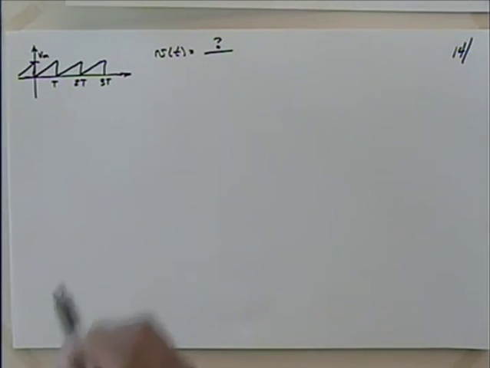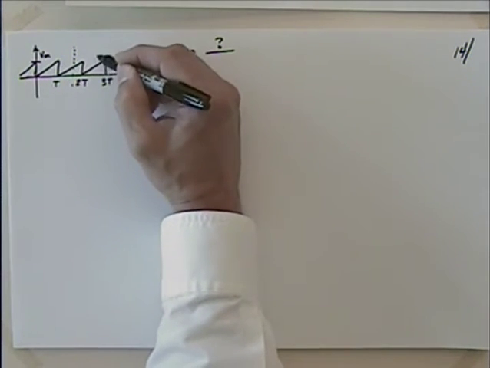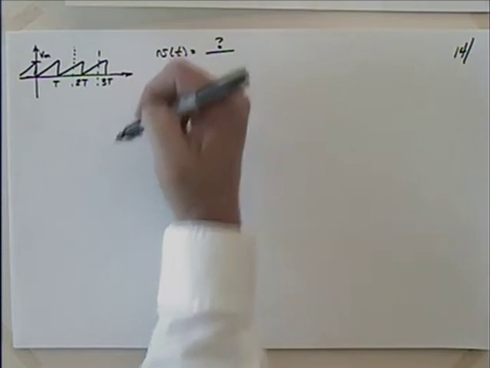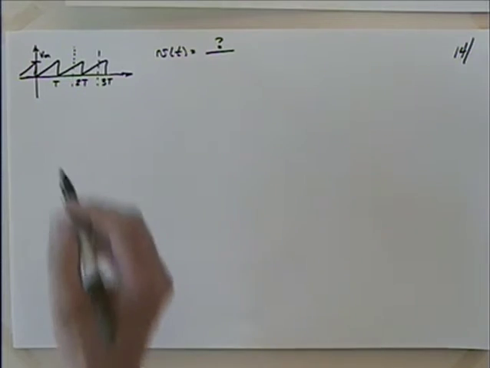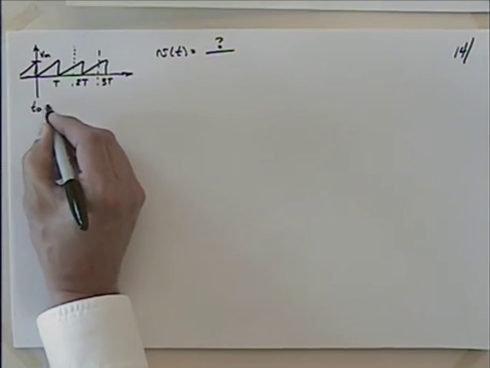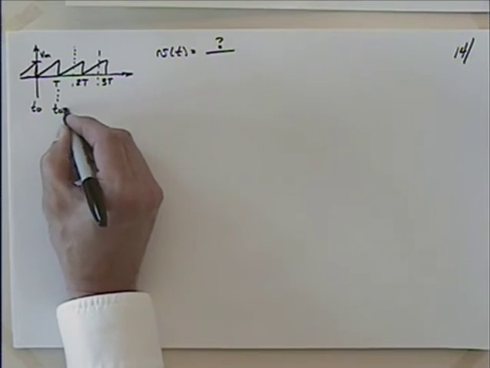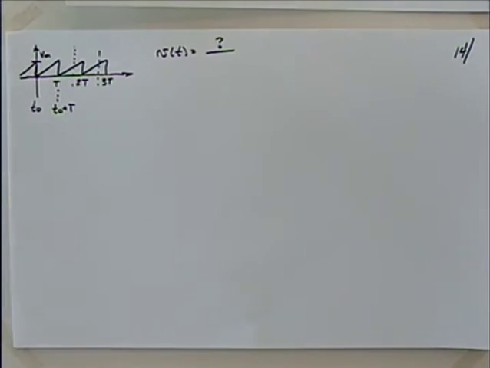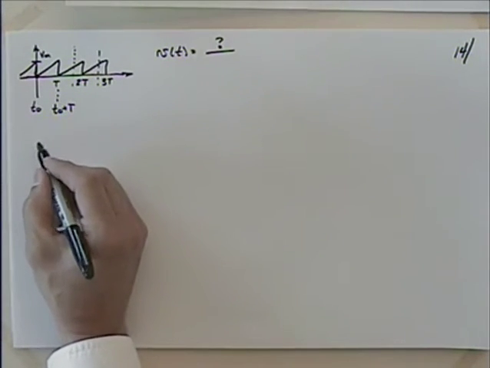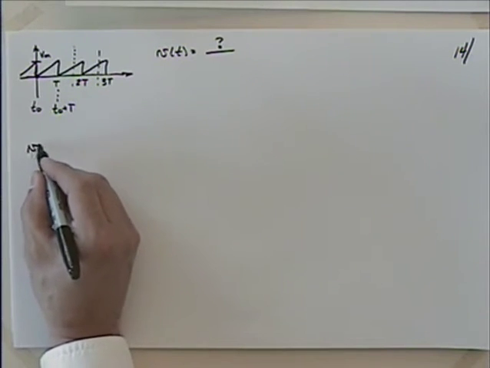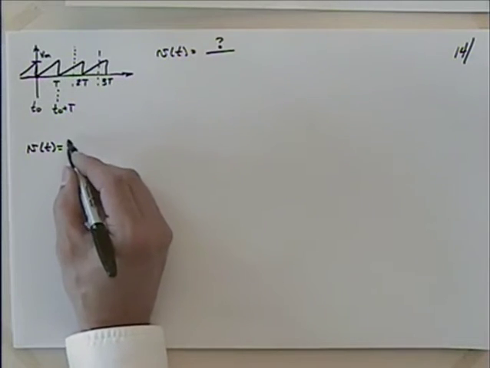Well, you could actually go wherever you want. I mean, you could say that I'm going to start right here, and I'm going to go one period, and I'm going to go there. That's probably not the easiest period to look at. Okay, I think I'm going to take t naught right here, and take this as my t naught plus T. I think life will be a little easier with that. So if I look at the curve there, I could say that v of t is equal to, what's the rise on this thing?